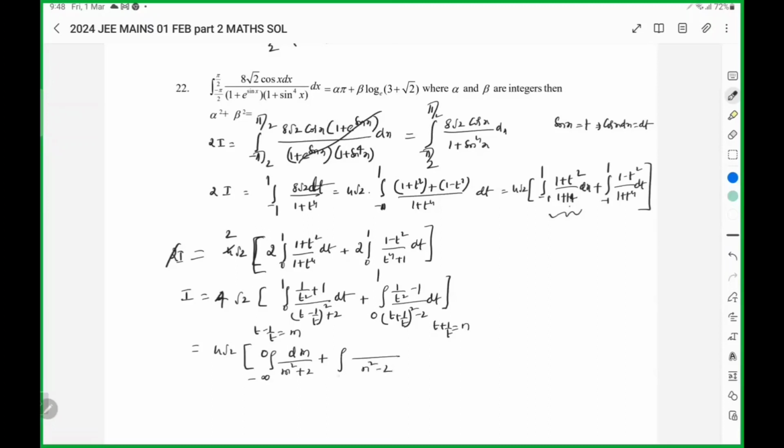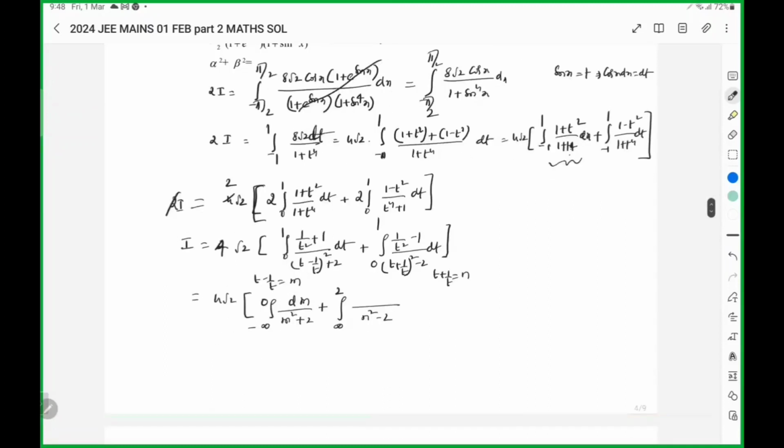When t is 0, infinity, when t is 1, we get 2. So this will be 1 minus, I will write minus dm. 4 root 2, 1 by root 2 tan inverse m by root 2 between minus infinity and 0.